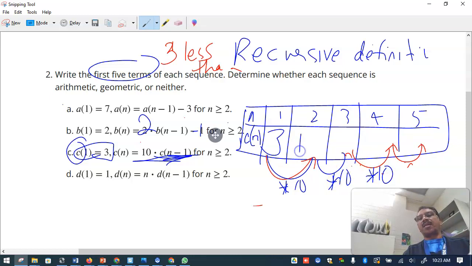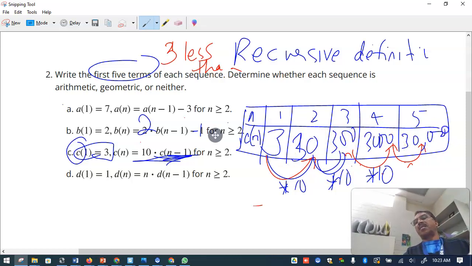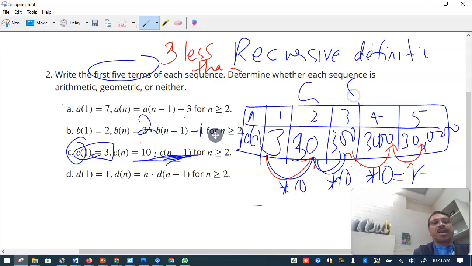So 3 times 10 is 30. See? 30 times 10 is 300 and 3000 and so on, right? And 30,000. So that means there is a growth factor here, which is growth factor r, or it is also called common ratio. So this is a geometric sequence.